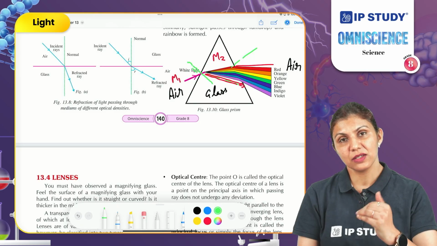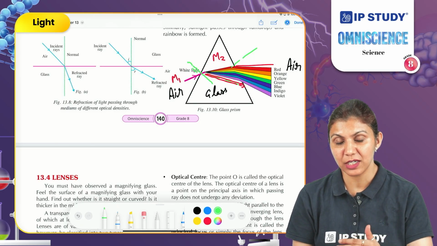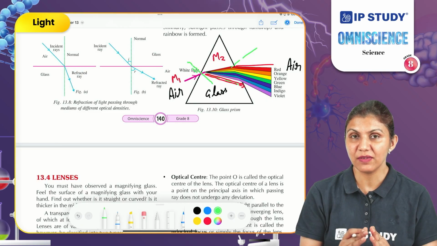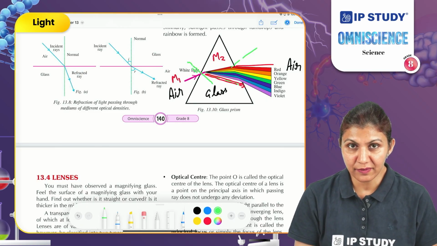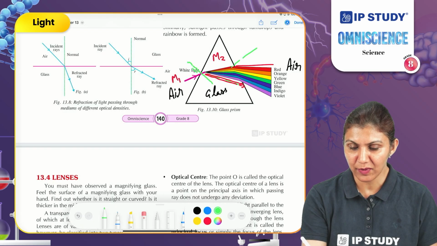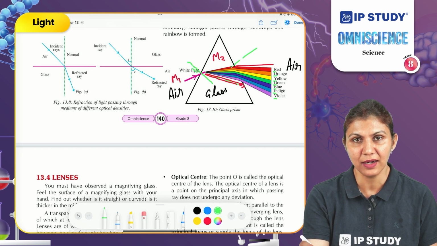And this bending due to the refraction through a prism helps us to get 7 colors of the light, which can be observed as VIBGYOR. What is VIBGYOR? V violet, I indigo, B blue, G green, Y yellow, O orange and R red.